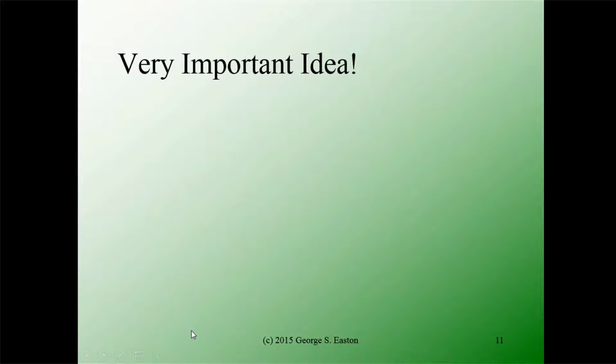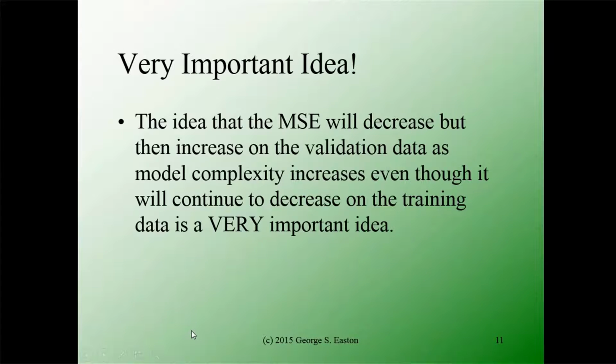Well, this is a very important idea, and that idea is that the mean square error will initially decrease, but then increase on the validation data, even though the mean square error continues to decrease on the training data. And as I say, this is really a very important concept to understand.